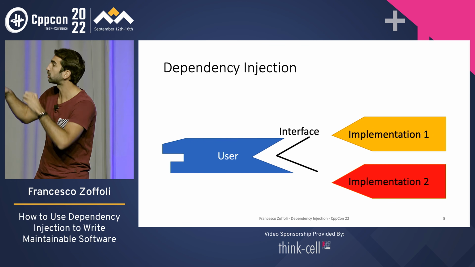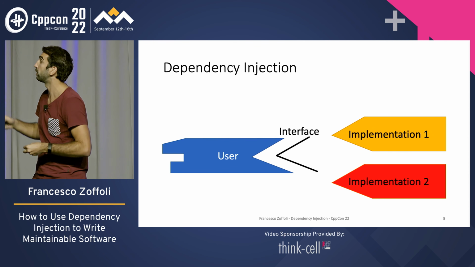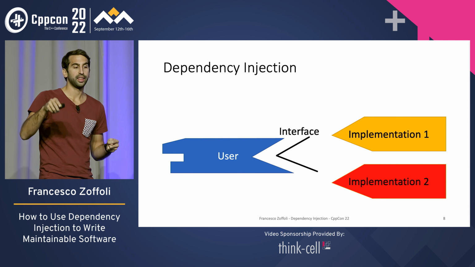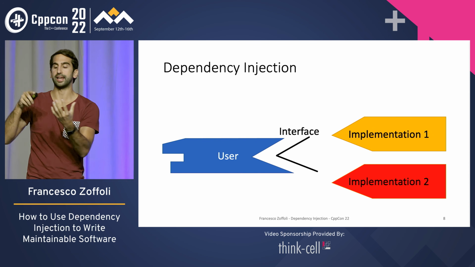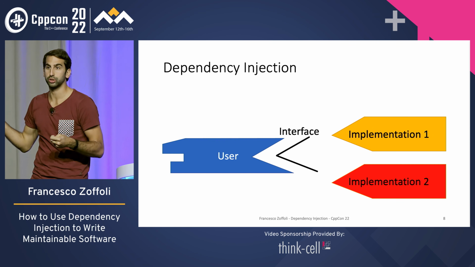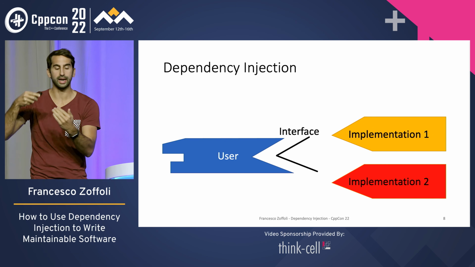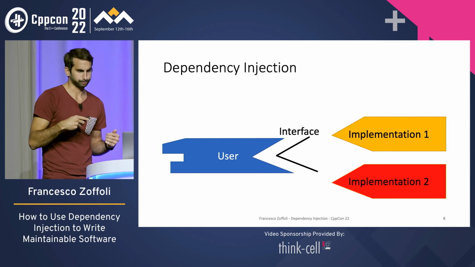So we have a user which exposes some interface on the left and then uses some interface on the right. And since the user is only programming against the interface, it doesn't matter which one of the implementations it receives, and it shouldn't matter because it should program only against the interface.